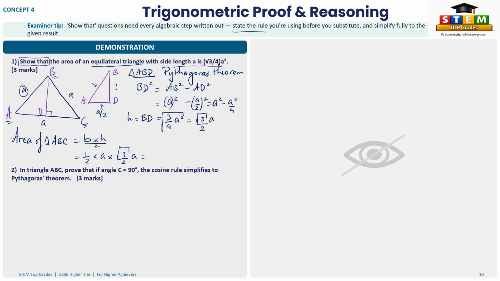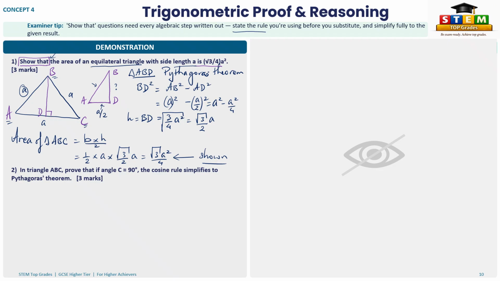So that gives you root 3 a squared over 4. And it's a show that question. So just write, all right, shown, done. Mission accomplished. Question 2. In triangle ABC, prove that if C, one of the angles, is 90 degrees.